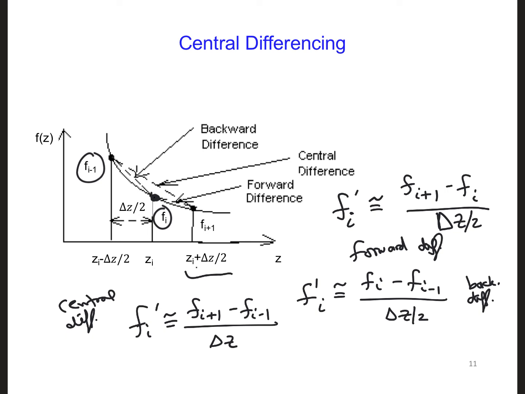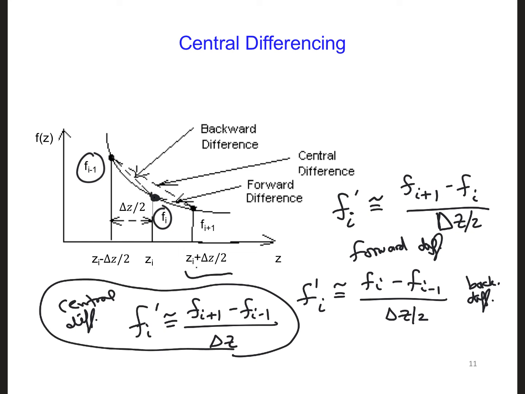And from these 3 options, if we were to analyze how accurate they are, which is something we do in another course that I teach, 5340, 6340, on numerical techniques for electromagnetics, we could look into this more. Here for this lab, I'm just going to tell you that central differencing is more accurate than forward differencing and backward differencing.